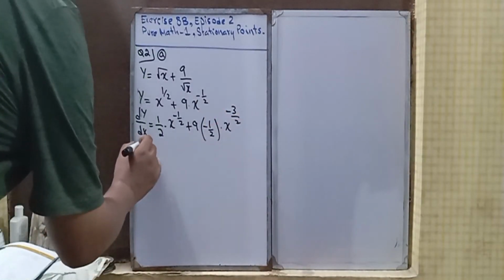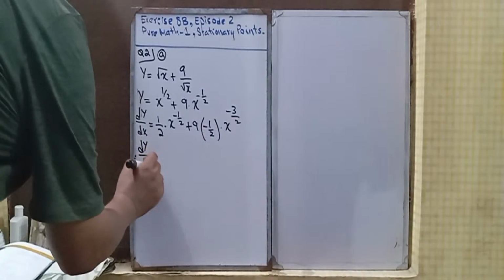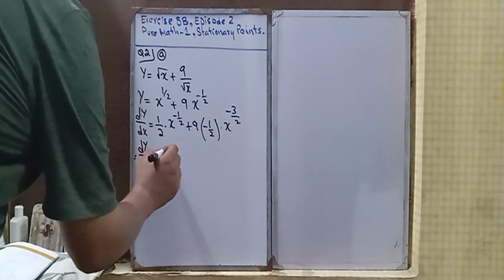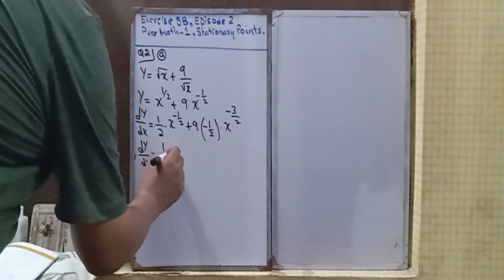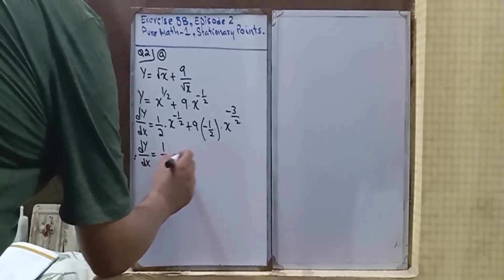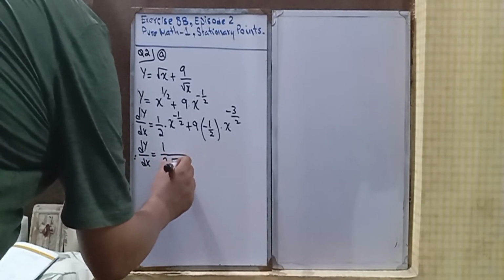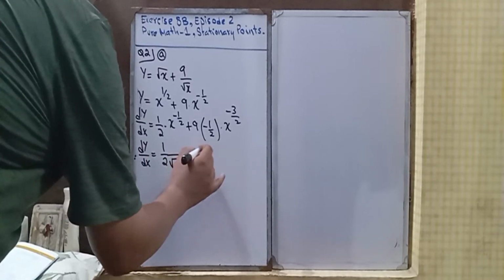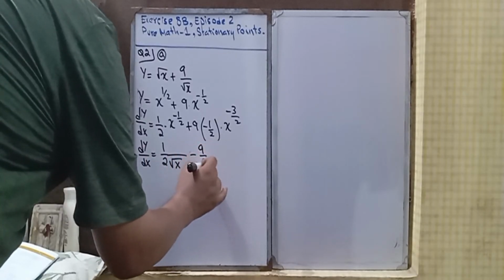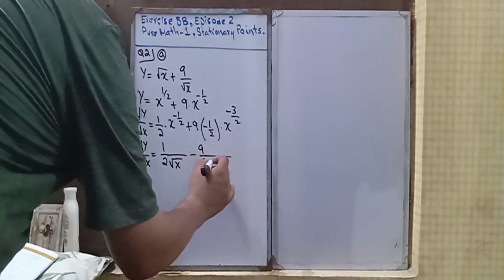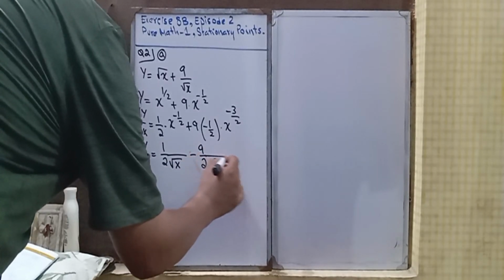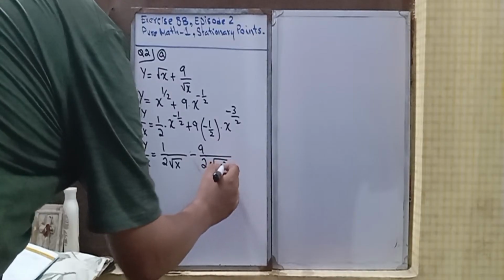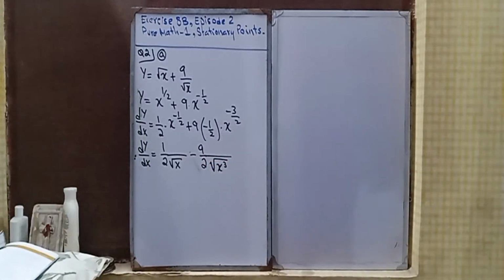So dy by dx will be equal to 1 by 2 under root x, minus 9 by 2, and that will come under x cube. This is my derivative.